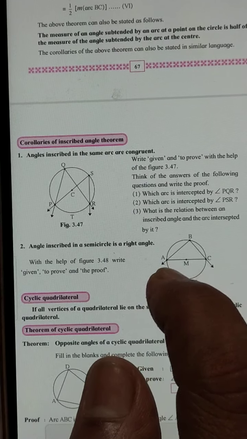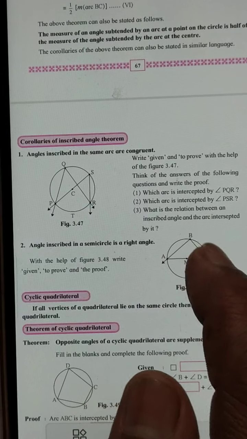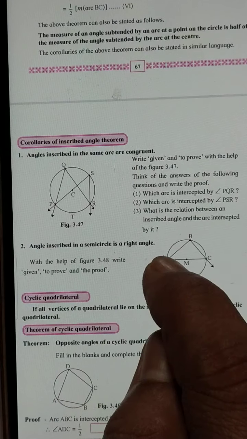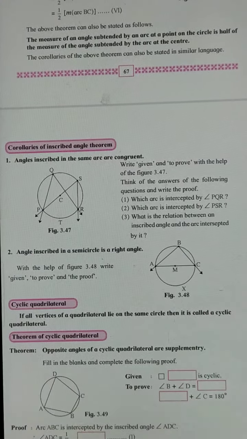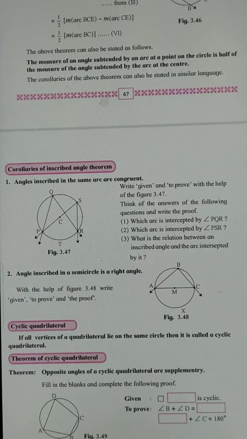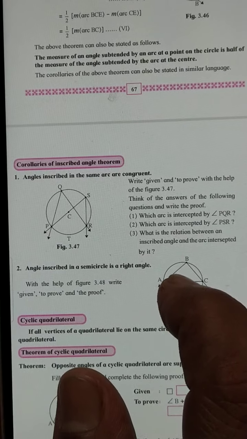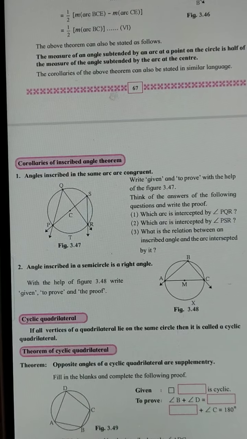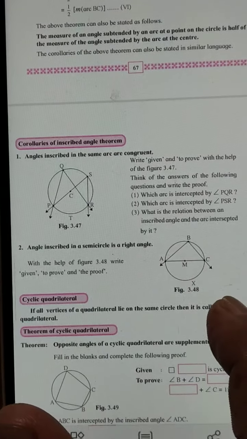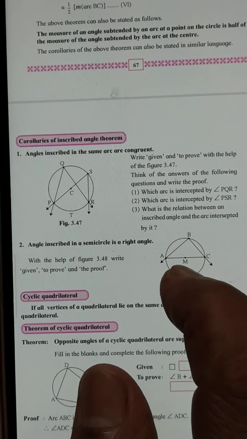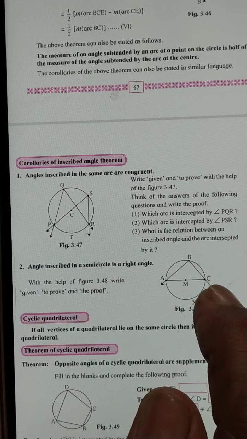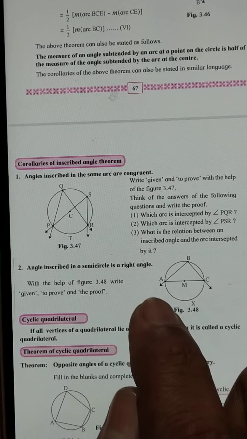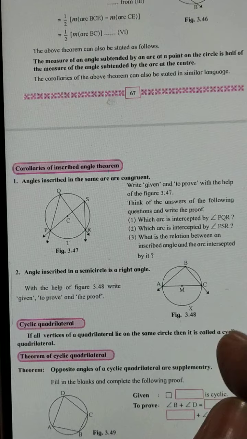And angle ABC is inscribed in the arc ABC. So here, by the help of the inscribed angle theorem, we can say that measure of angle ABC is equal to half the measure of arc AXC. Okay.